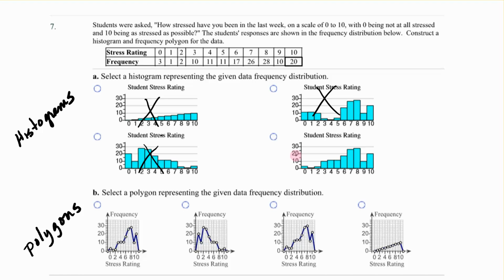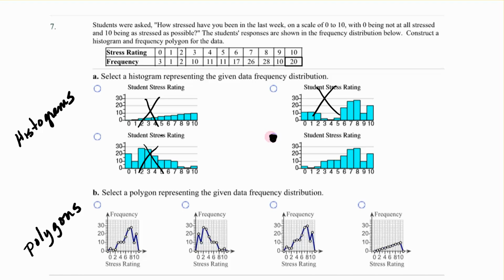Let's check some more. 1, 1. Well, there's kind of a line there. 2, 2. Okay. 3, 10. 4, a little over 10. Yes, 11. 5 is the same. 6, 17. Yes, that's over that little tick mark, which is 15. 7 is 26. Yes, that looks about right. And I can check all of these, and this is the only one.